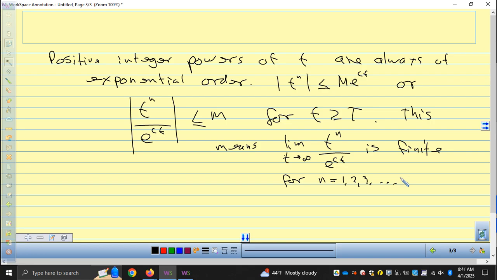And we can see this using L'Hopital's rule. And the way we would say it in everyday language is t to the n grows more slowly than e to the ct.